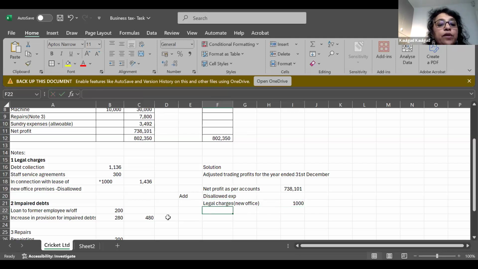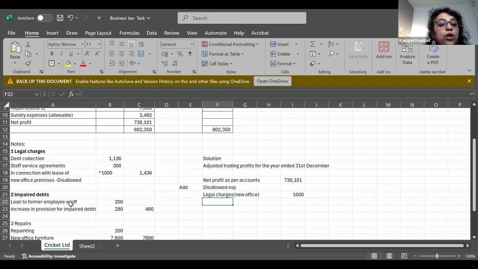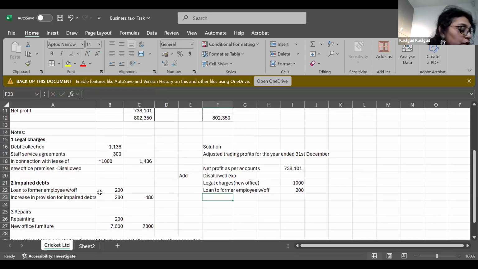Next one, whatever we said disallowed. We said loan to former employee written off is disallowed, so I have to write that now. I can just copy this. That is not allowed, so we put 200 there. Then new office furniture. We can't take that into account.